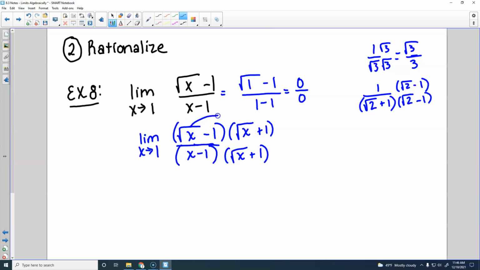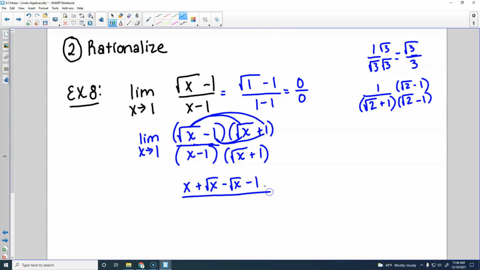If I multiply square root of x times square root of x, I'll just get x. And then if I do square root of x times plus 1, I'll get plus the square root of x. Negative 1 times the square root of x will give me minus the square root of x. And then negative 1 times 1 gives me negative 1.